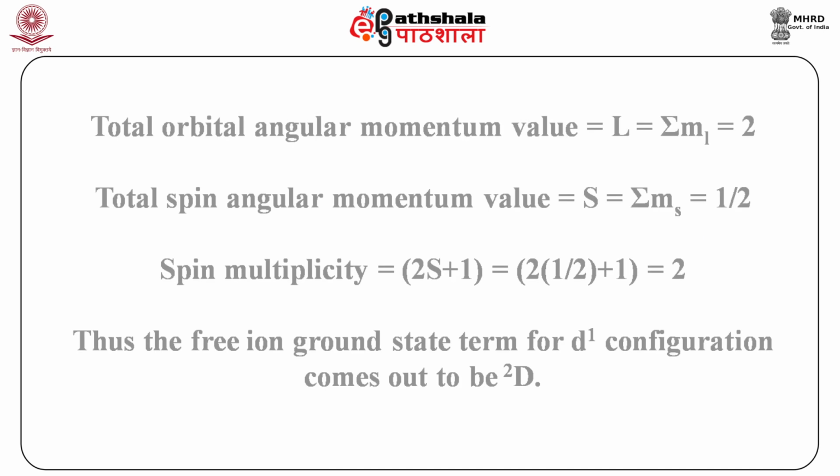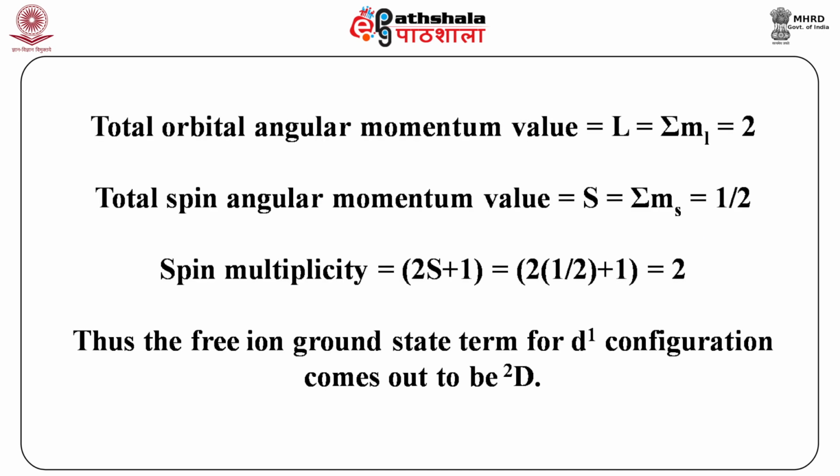The ground state free ion term for this configuration can be calculated as the total orbital angular momentum value capital L equal to 2 and the total spin quantum number equal to half with the spin multiplicity value of 2.